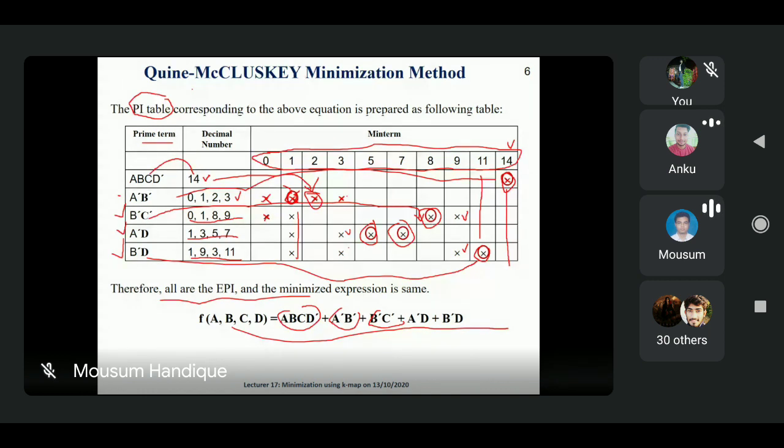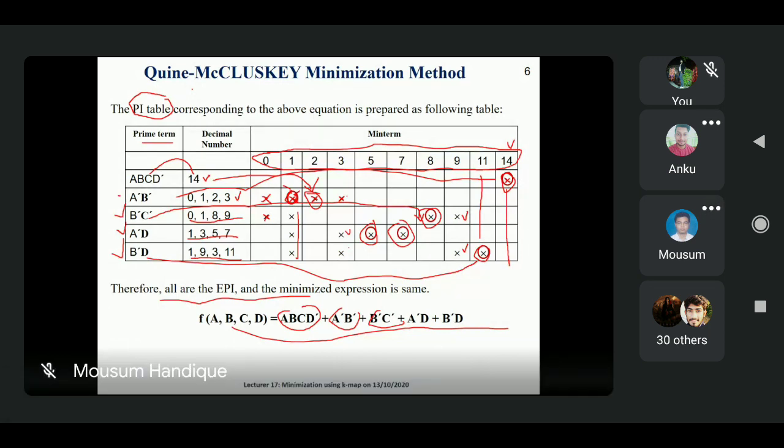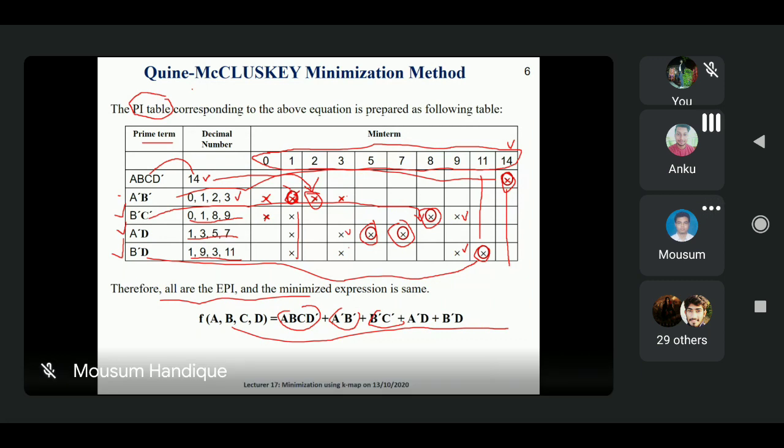When we are computing the EPI and PI in the K-map, you make all the possible groups, then check group by group whether the rules are satisfied, which rules belong to the PI and which to the EPI. That totally depends on the designer or user. If something is wrong, automatically the things are wrong. But when we are using the Quine-McCluskey method, this particular table is used especially for finding the EPI and PI.